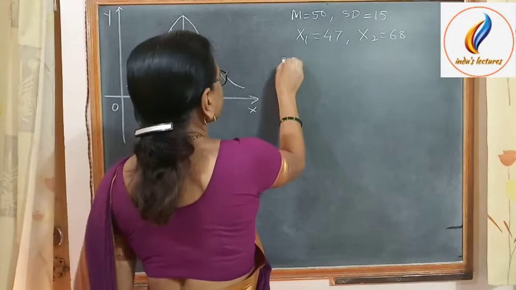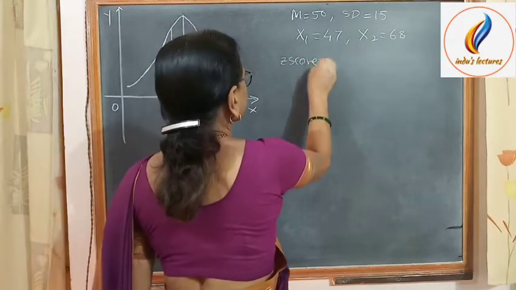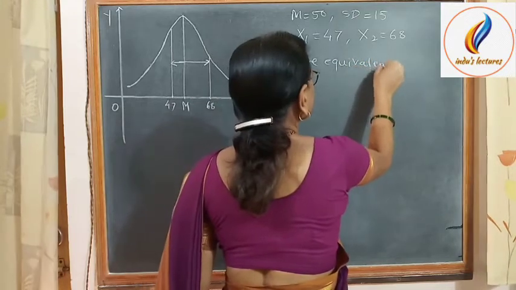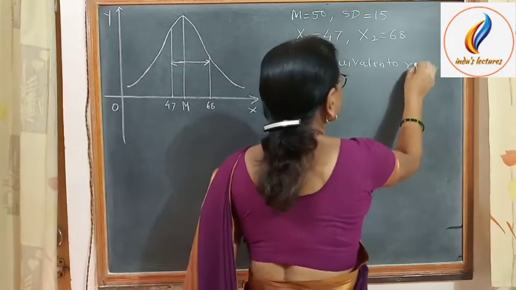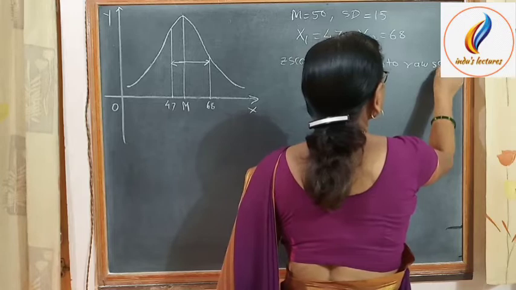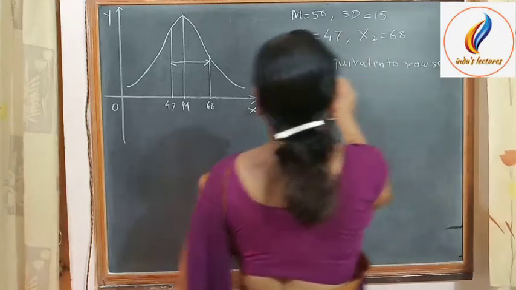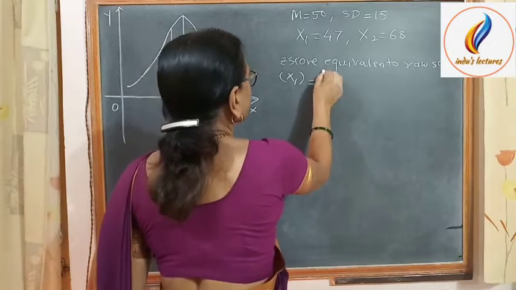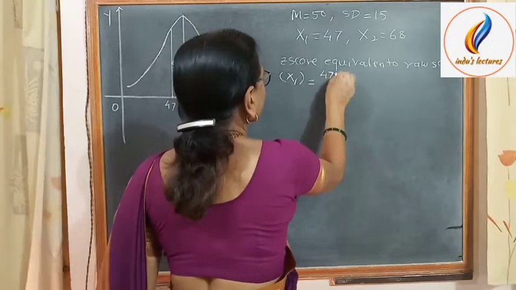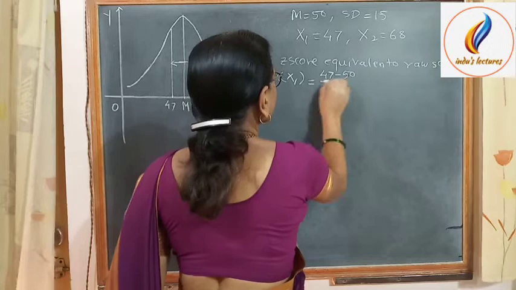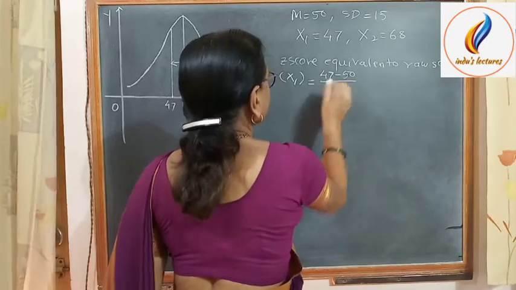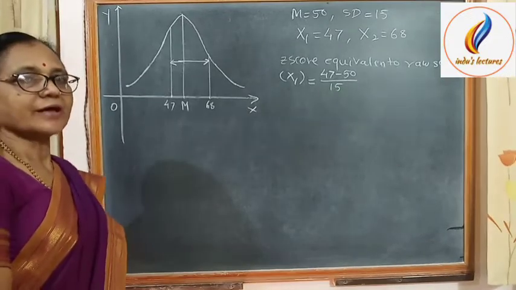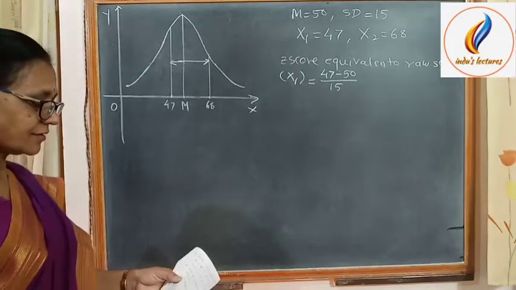So z score equivalent to raw score x1, that means 47, is equal to 47 minus 50 upon 15, because the formula used is z score equals x minus mean upon standard deviation.